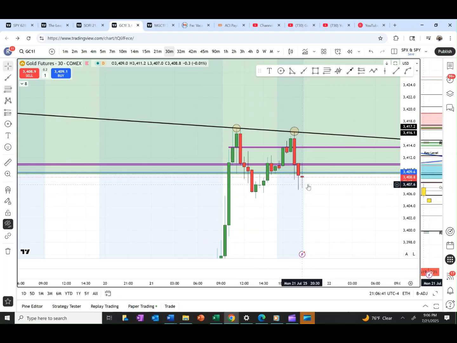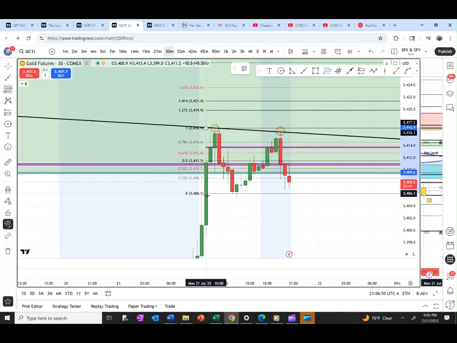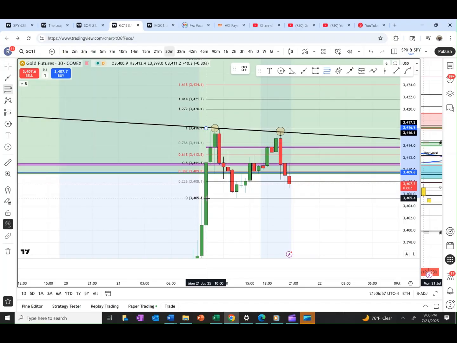And right now they're creating the spin top like doji, about 3 minutes left on the 30-minute. So before I go up on a higher time frame, I want to go ahead and measure this and see if we've balanced out at a key level on the Fibonacci.